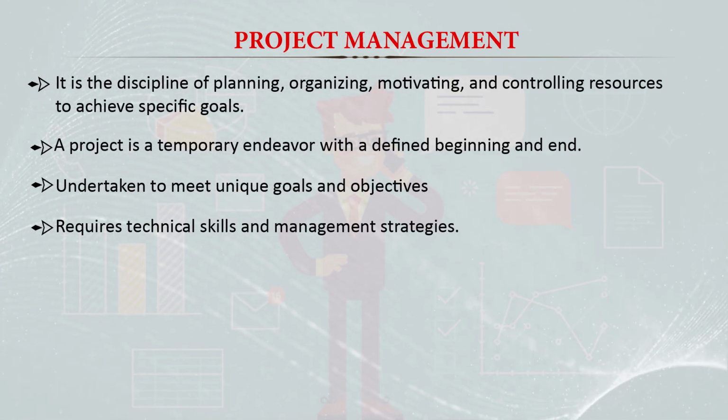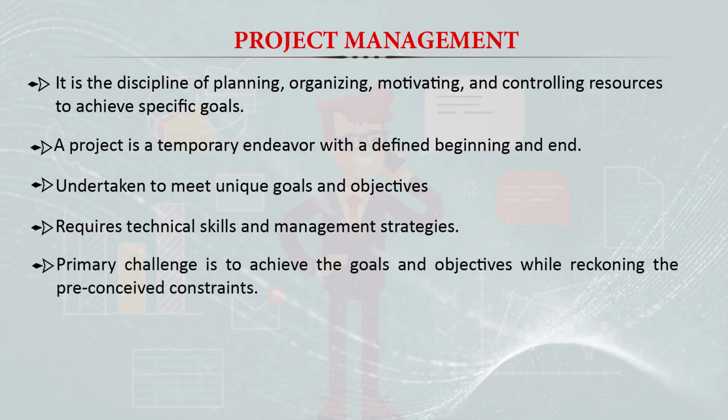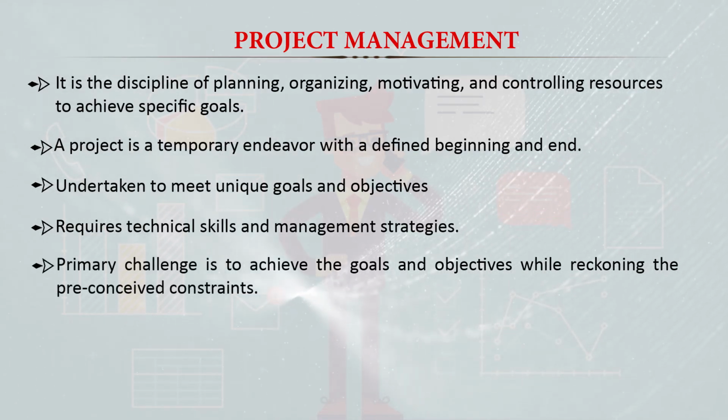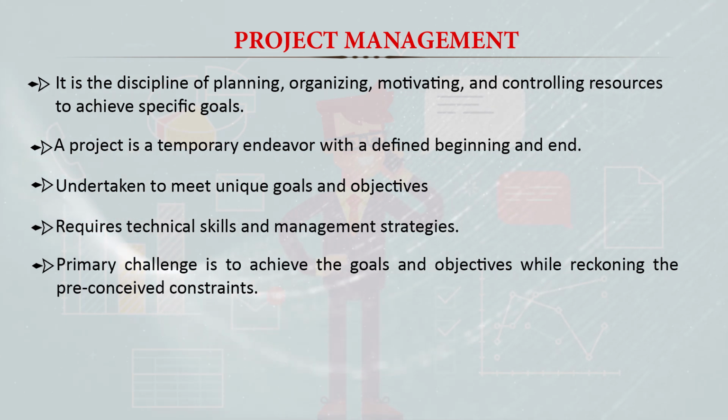And in case of project management, the primary challenge is to achieve the goal and objective while reckoning the pre-conceived constraints. So here we have limited resources, we have limited time, and within the given time we have to achieve the objectives of the project. So this is one of the most important constraints in the case of project activity.